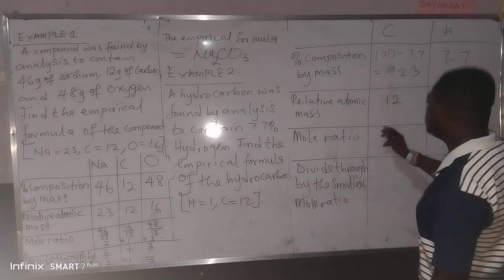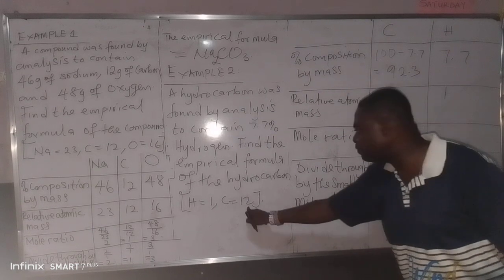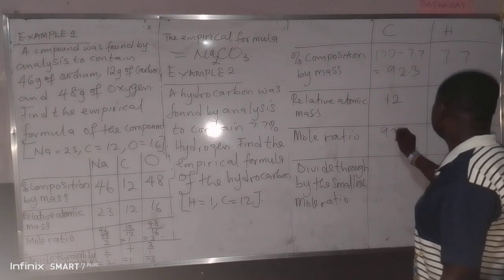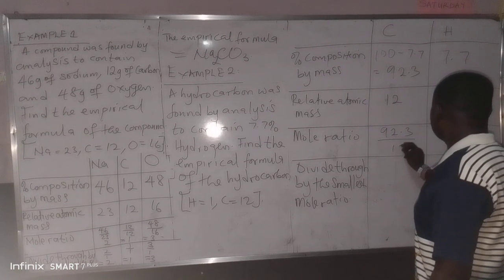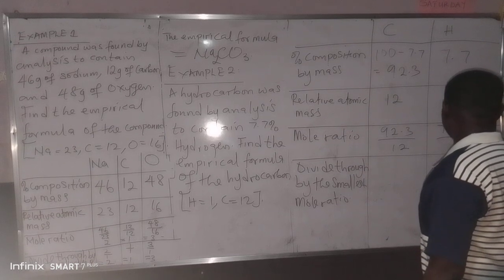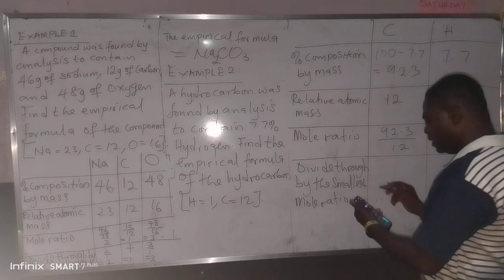So our relative atomic mass for carbon is 12, hydrogen is 1. Mole ratio will now be 92.3 over 12, and then 7.7 over 1.